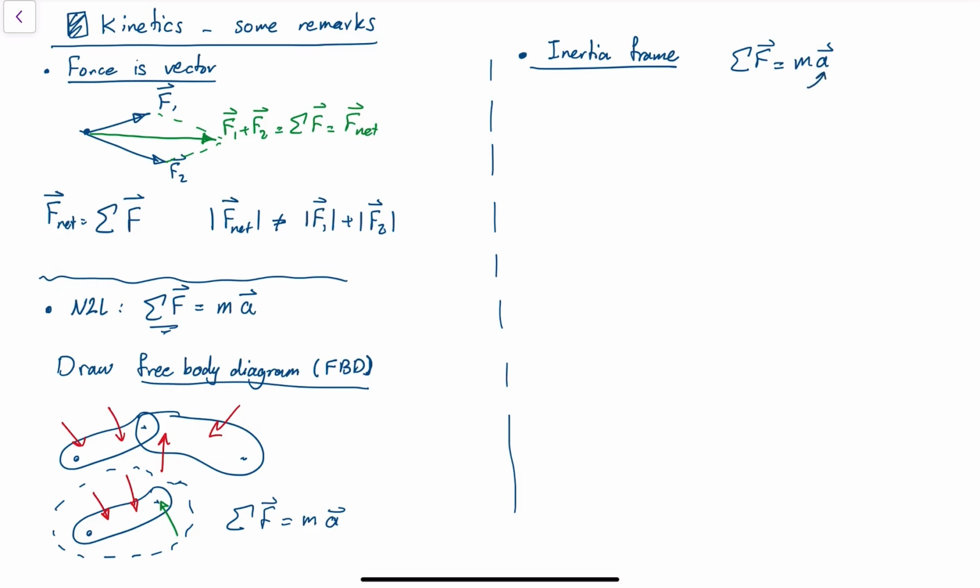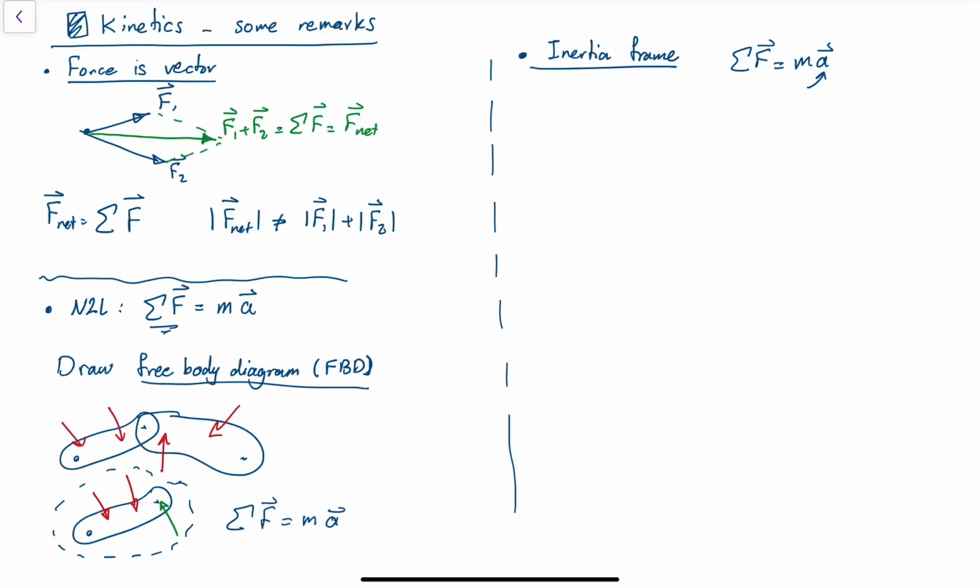Acceleration, we saw when we were talking about kinematics, is related to an observer. So if you have an observer that is moving, they can measure and see a different acceleration. The question is, which observer?